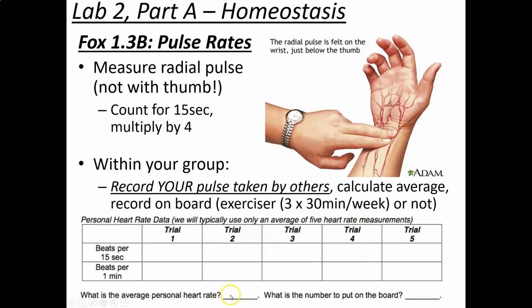Then I want you to take your average heart rate. We're not going to obviously put something on the board, but the idea is take your average heart rate, and that would be considered your resting pulse. Now, that's not technically correct, but it's pretty good. And then what we would do in class is, okay, do you consider yourself a regular exerciser, somebody who exercises at least 3 times a week for 30 minutes, where you get your heart rate up high enough where it's difficult to talk?